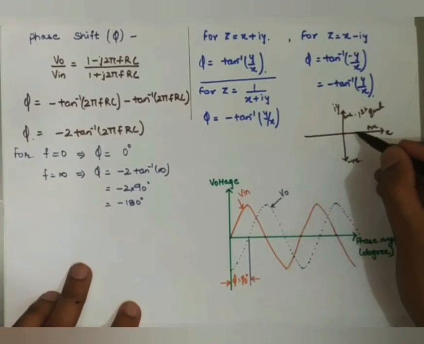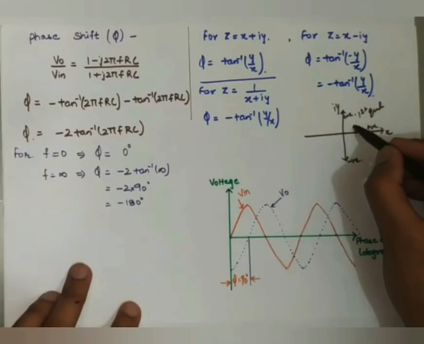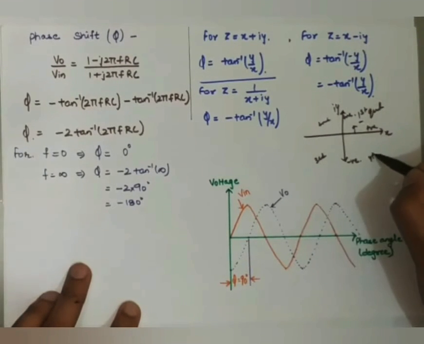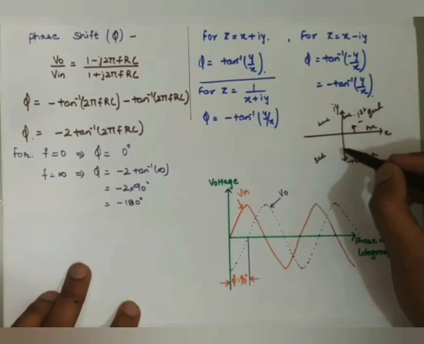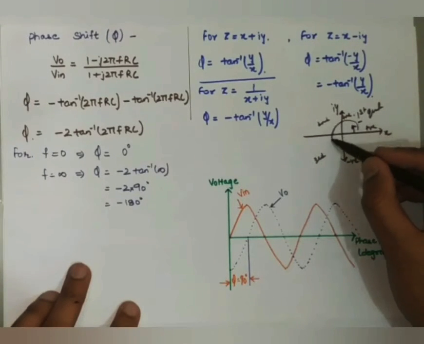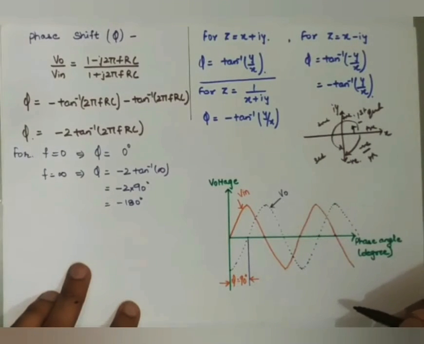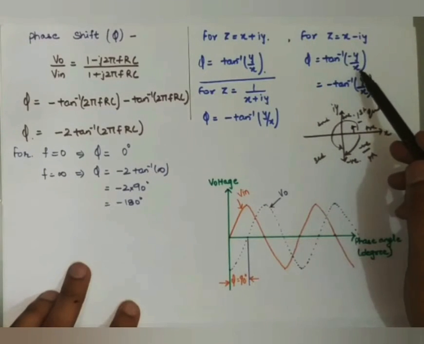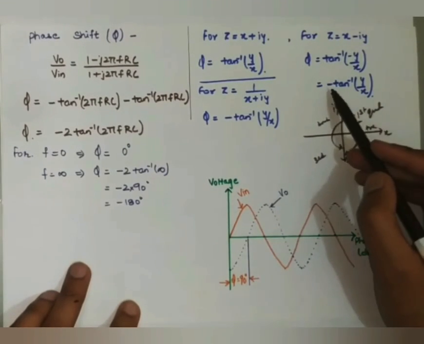Moving anti-clockwise, this is the first quadrant, this is the second, this is the third, and this is the fourth. The angle taken anti-clockwise is positive in the first quadrant. When reaching the fourth quadrant, either I can add 270 or go anti-clockwise, but my value must be negative. So tangent inverse of minus y by x is nothing but minus tangent inverse of y by x. So my phase will be this one.